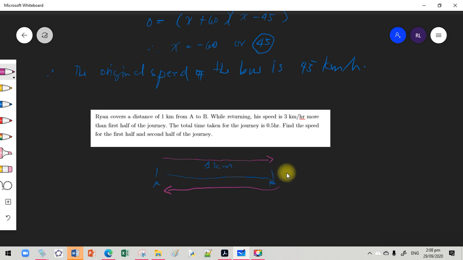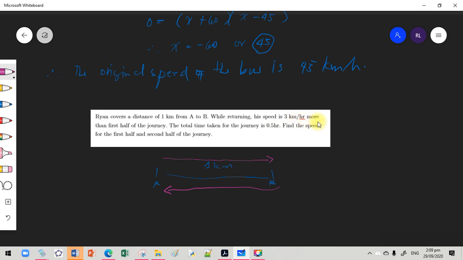We don't know the speed from A to B. It's just that we know that when Ryan returned from B to A, the speed becomes 3 kilometer per hour more.